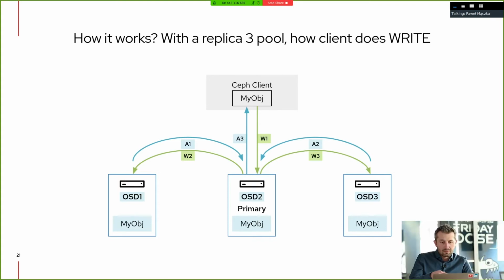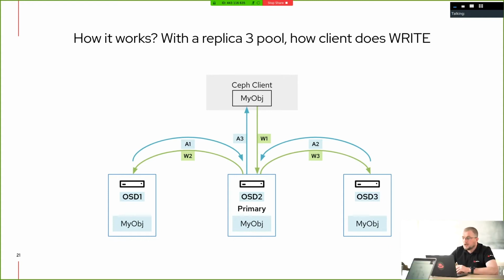The question is, is it a synchronous or asynchronous process? This process is absolutely synchronous. After acknowledgment from every one of the three OSDs, the operating system gives the information: okay, your data is stored correctly.